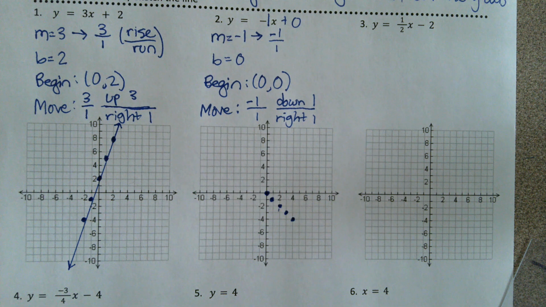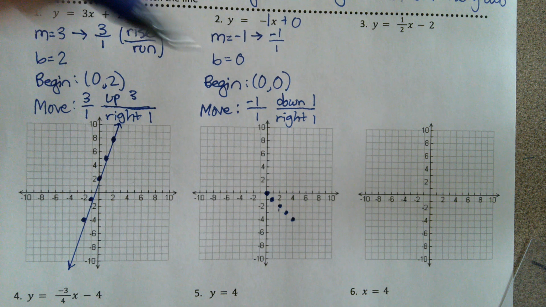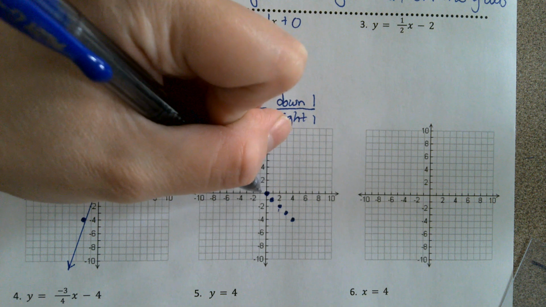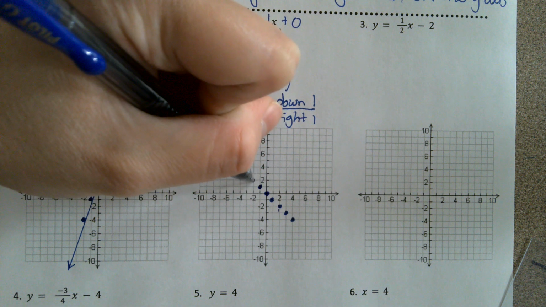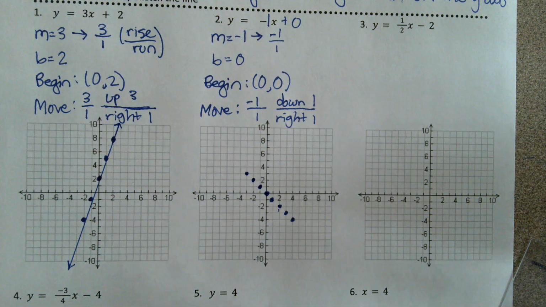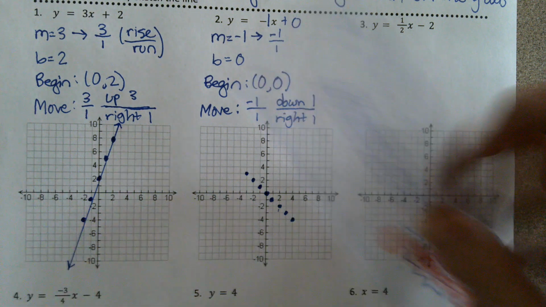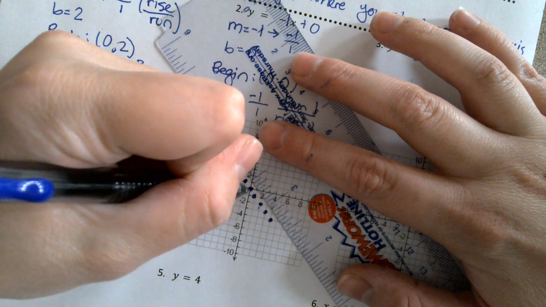Again, you need at least 3, but when the points are as close together as these are, it is helpful to graph a lot of them. And then again, if you want to graph some of the other ones over here, you go backwards. So we go up 1, left 1. Something like that. And then we graph our line.